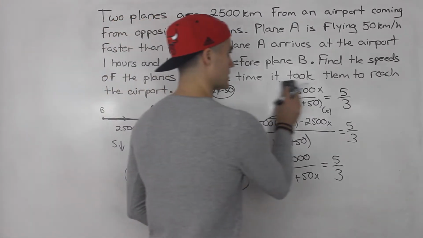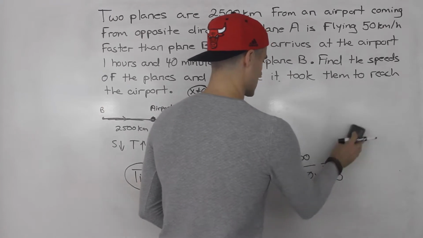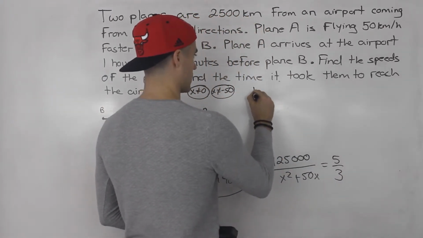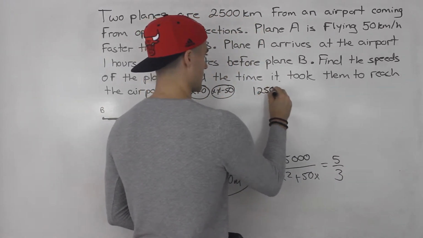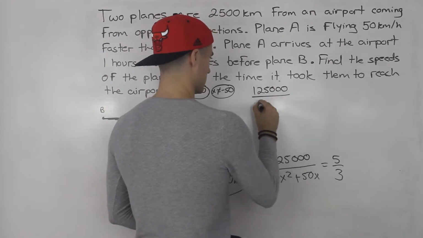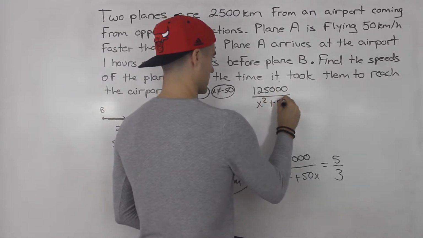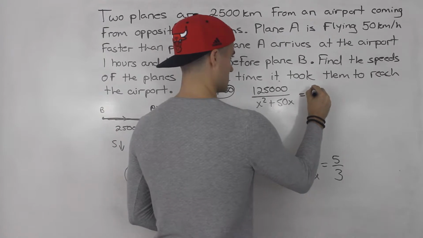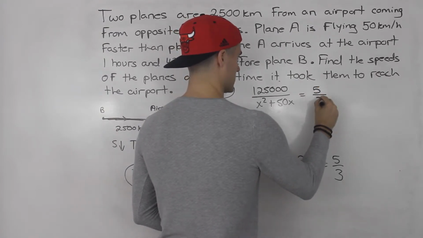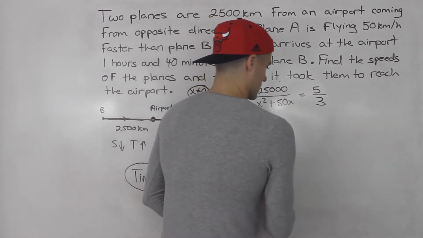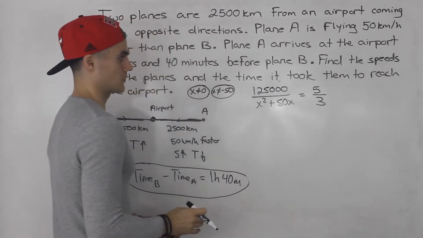Okay, so now I'm going to erase this here. I'm going to rewrite this up here. So 125,000. These are some big numbers. I didn't realize that these numbers are going to be that big. But let's just work it anyway.